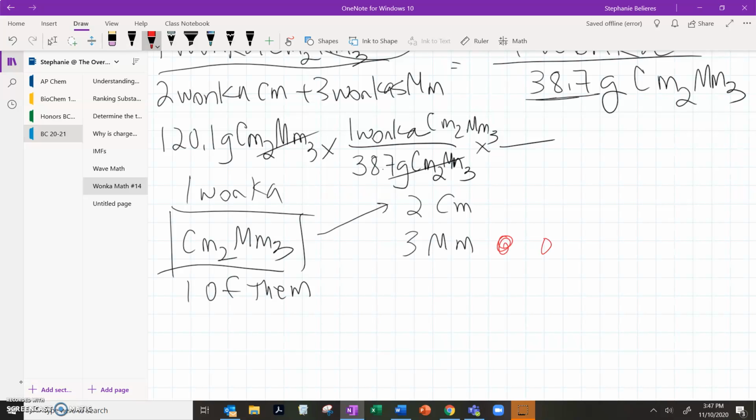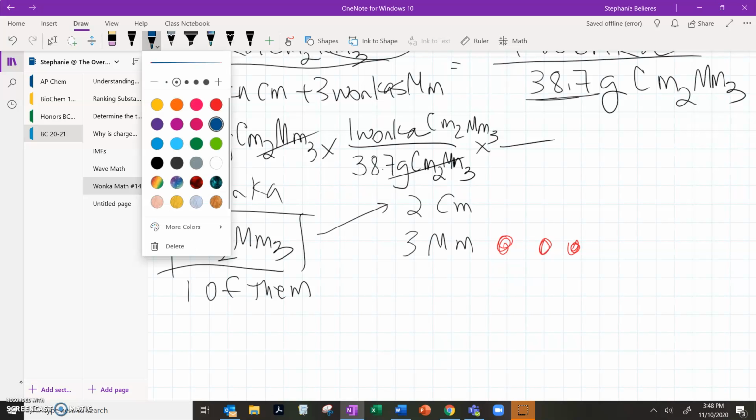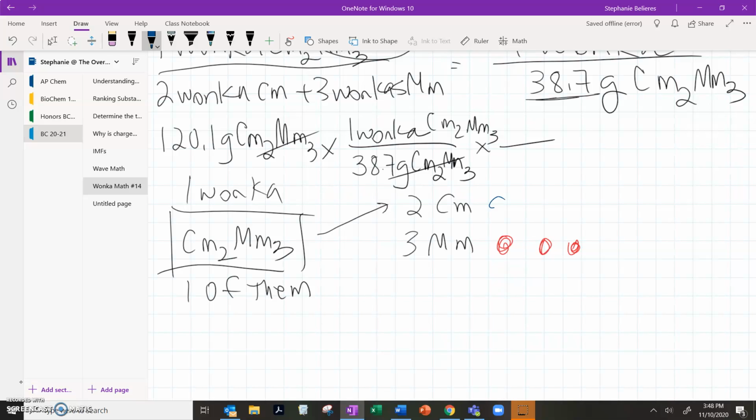So 1, 2, 3, and 2 of these. But I really only need this, is what I'm concerned about here. For every one of these I break apart, I would have 3 times as many MMs as I started with. Well, if I have a Wonka of those, then I'm going to have 3 Wonkas of MMs.